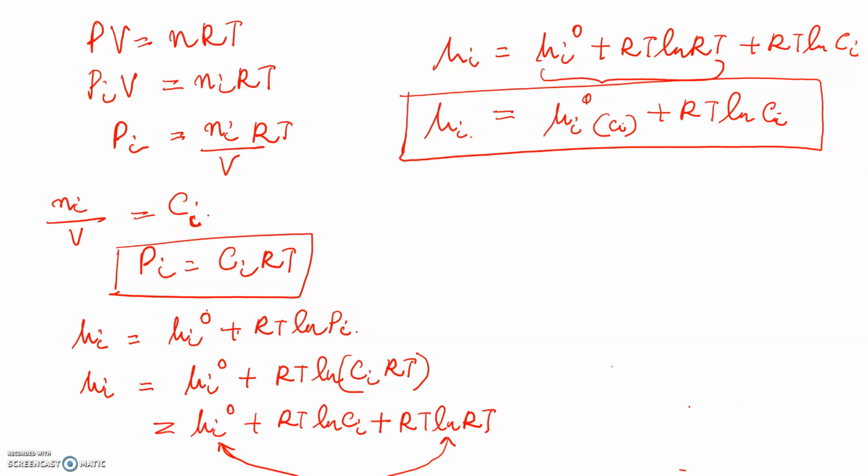Now, let's see another form. This form is in terms of Raoult's law. According to the mathematical definition of Raoult's law, the partial pressure of a component Pi is the product of the total pressure into the mole fraction of that component.